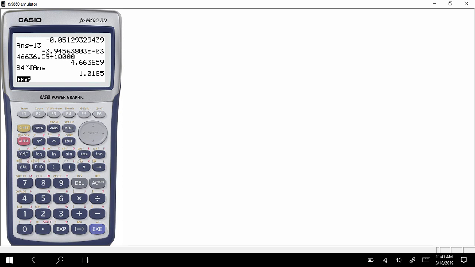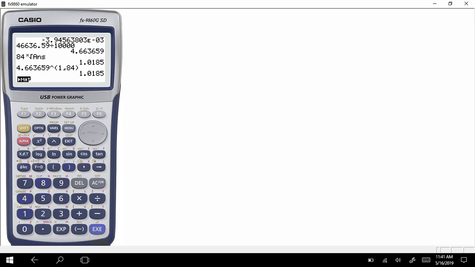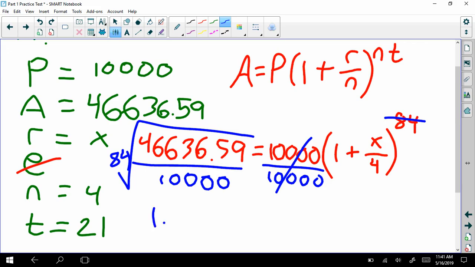Or you could have done 4.663659 to the power, type it in as a fraction, 1 over 84. It's the exact same thing. It doesn't matter either way. So we got 1.0185. That's 1.0185 equals 1 plus x over 4.